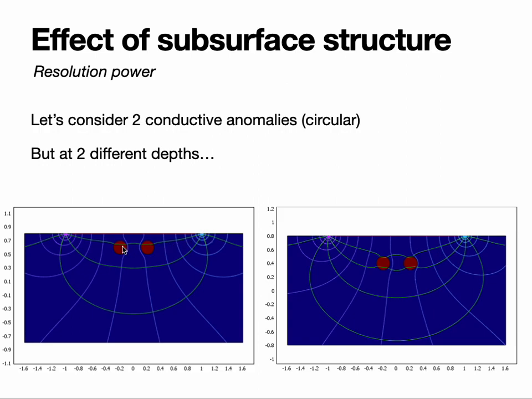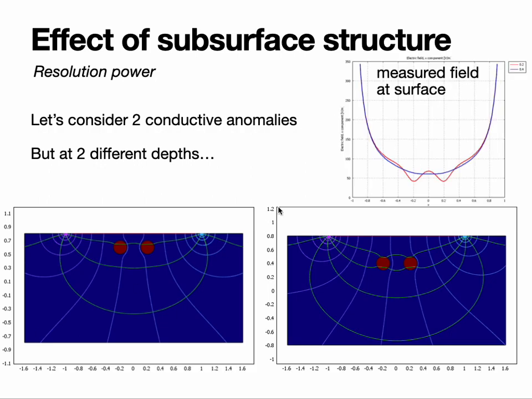So you see the current lines are being affected by the two conductive anomalies. The potential lines are also being affected by the presence of conductive anomalies. And if we have these two conductive anomalies a bit deeper in the ground, we will have a different type of perturbation. But what matters is what can be computed or what can be measured at the surface.